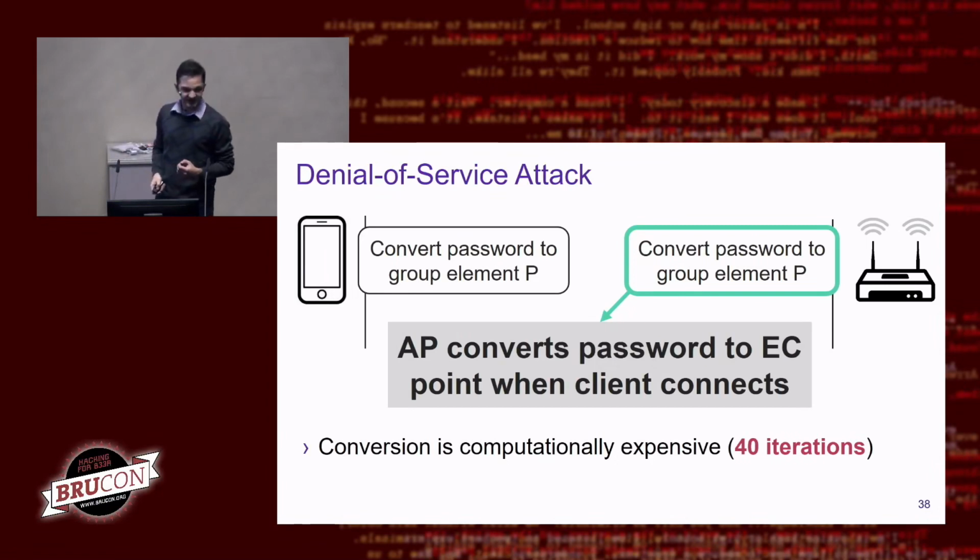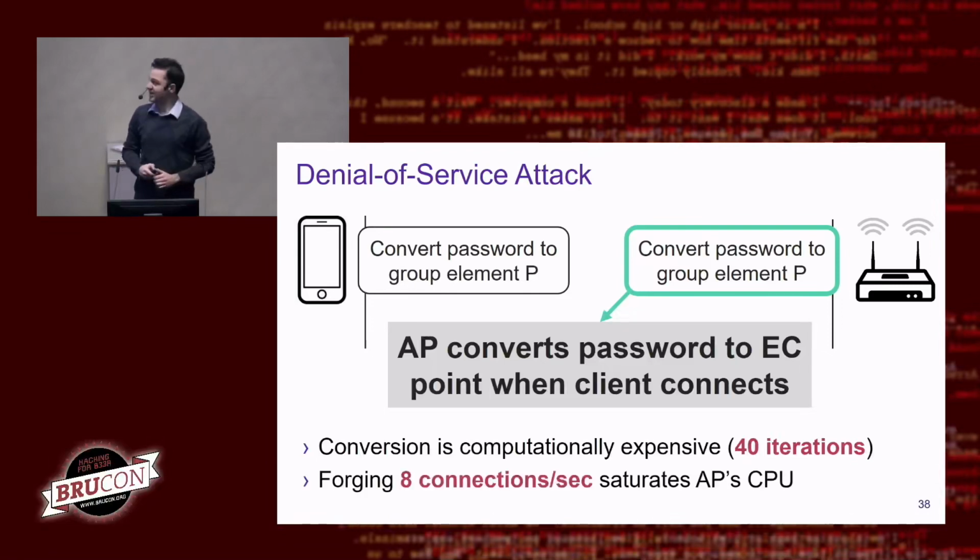And what we tested here is we took a professional access point that already supports WPA3. We configured it to use the most secure and biggest elliptic curve. And in that case, we found out that if we initiate 8 connections per second, then we get 100% CPU usage on the access point. So essentially, it only supports 8 connection attempts per second, which is very low.